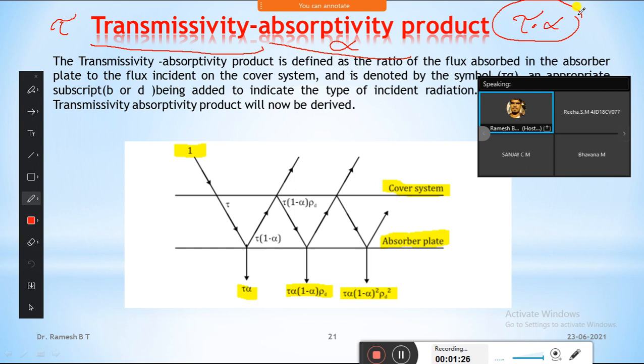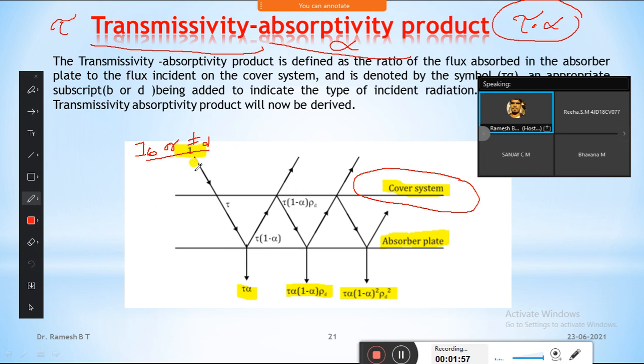This transmittivity is always based on a cover system. If there is a cover system, there is a glass. Generally we use a glass, and that glass determines how the radiation will be transmitted. The radiation may be beam radiation or diffuse radiation, whatever it may be, and it comes from the sun.